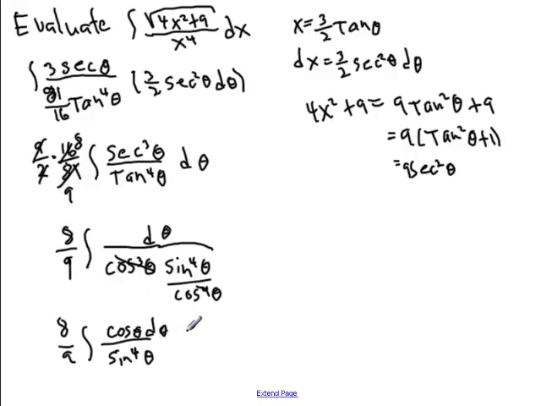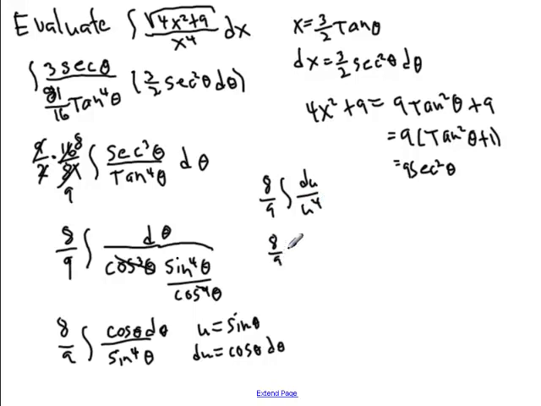And this we can evaluate with a standard u substitution. u equals sine theta, du equals cosine theta d theta, and we end up with 8 over 9 integral du over u to the fourth, or 8 over 9 integral u to the minus 4 du. And when we evaluate this, we get u to the minus 4 plus 1, which is u to the minus 3.